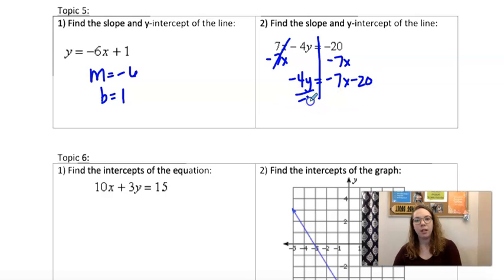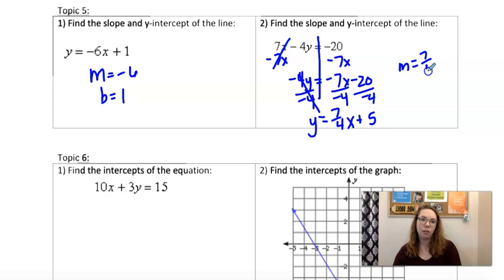And then we'll divide everything by -4. So you have y equals 7/4 x plus 5, where your slope is 7/4 and your intercept is 5.